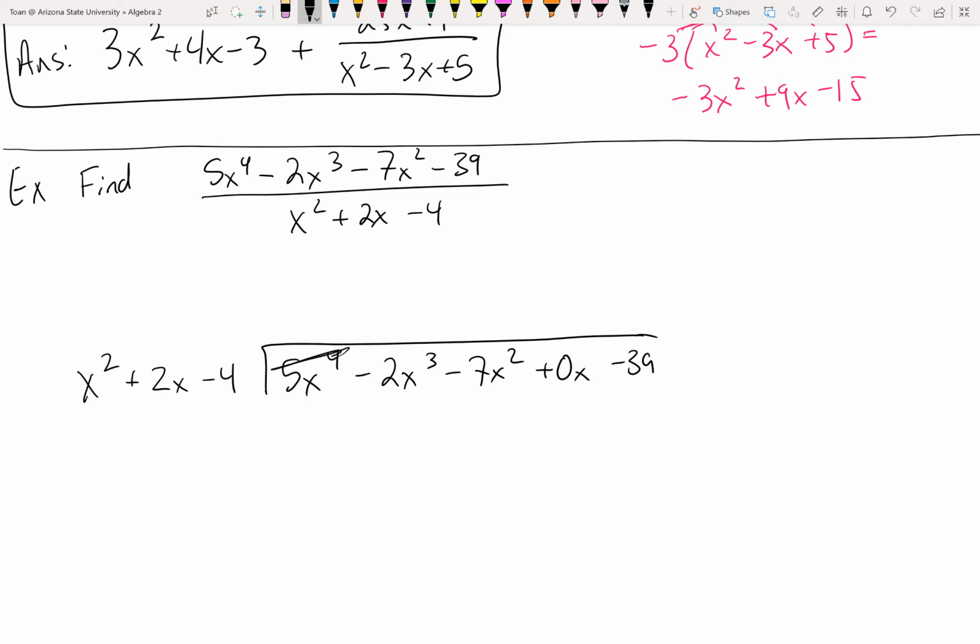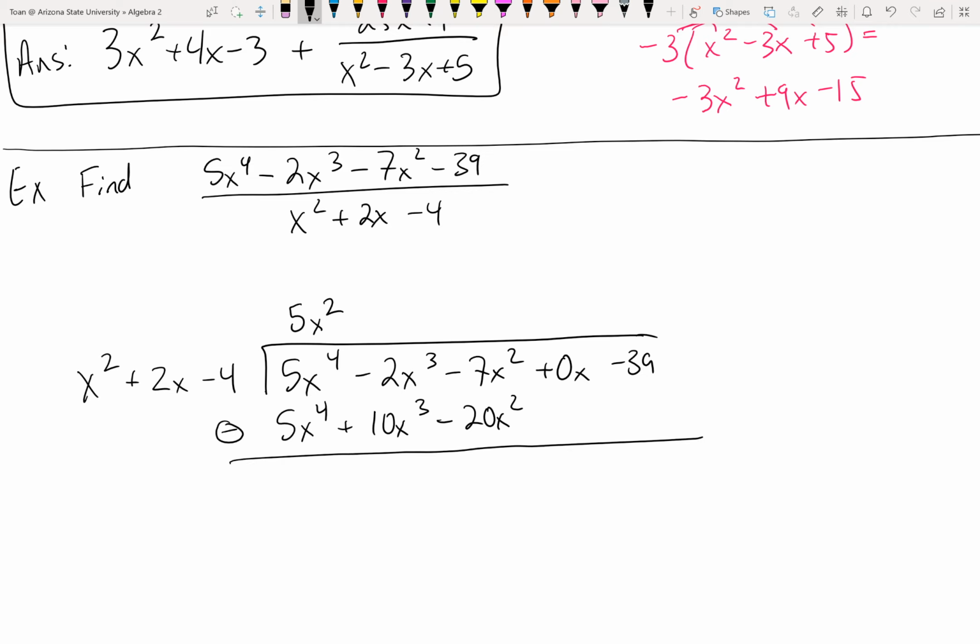I'll divide the first pieces together. I'm not going to show my scratch work. So 5x to the 4th divided by x squared is 5x squared. Multiply 5x squared times all of this stuff here, and it's going to give me 5x to the 4 plus 10x cubed minus 20x squared.